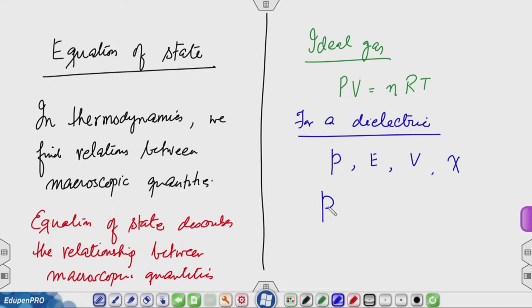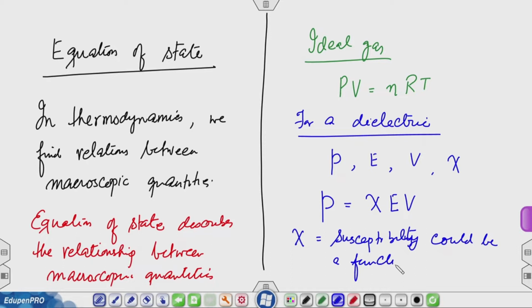So P is written as chi E V, where chi susceptibility could be a function of temperature.